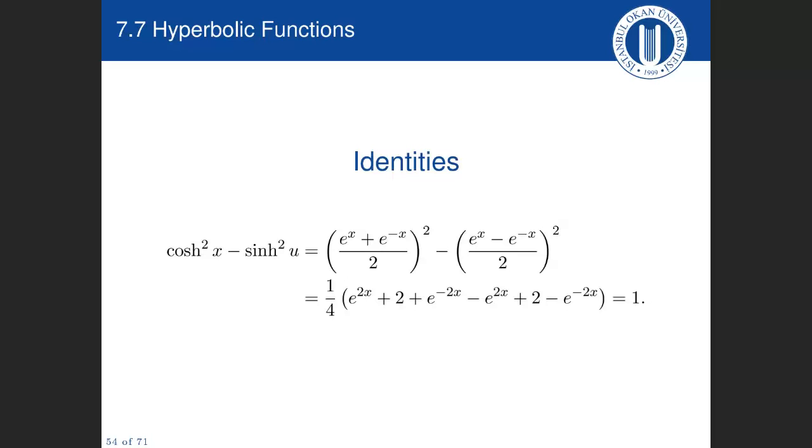Multiply all of these terms out, and then most of them will cancel. E to the 2x cancels with minus e to the 2x. E to the minus 2x cancels with minus e to the minus 2x. We're left with 2 plus 2 is 4, divided by 4, or 1.